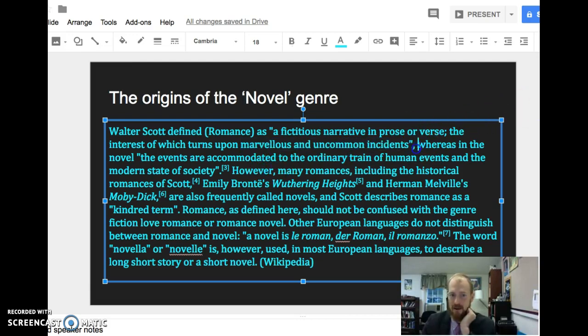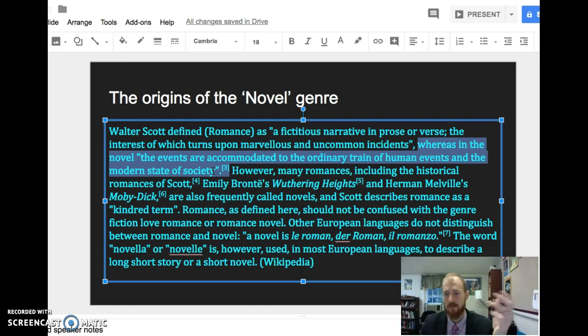Now, he says the novel develops and changes a wee bit when it starts incorporating into the text events that are accommodated to the ordinary train of human events and the modern state of society. So when we think about Robinson Crusoe and its intention to sort of match up with reality, okay, it was meant to be this true story set in a very interesting time period when there was a lot of exploring going on and sort of an encounter.